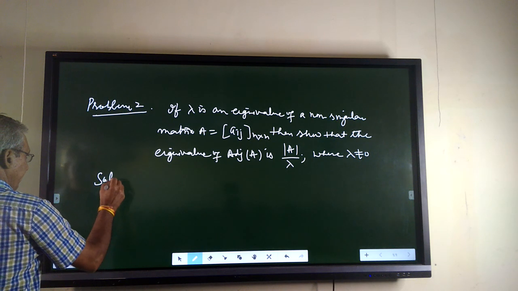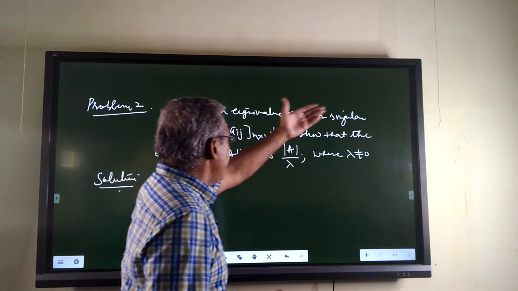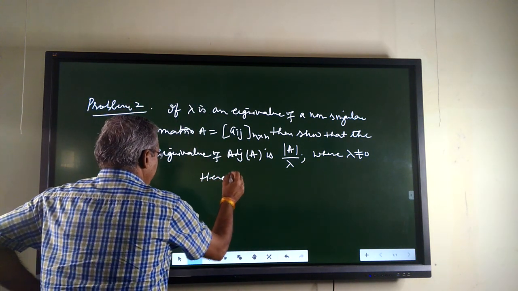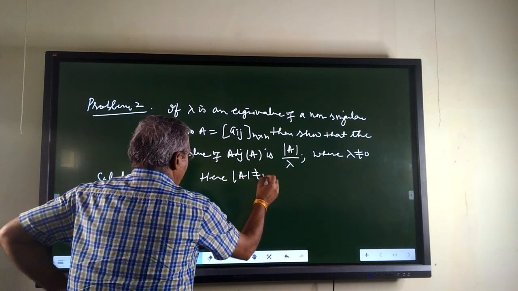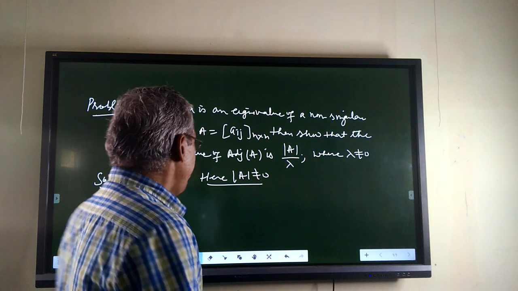Its solution is given by: here lambda is an eigenvalue of a non-singular matrix, therefore determinant of A is not equal to 0, and A is a square matrix of order n by n.